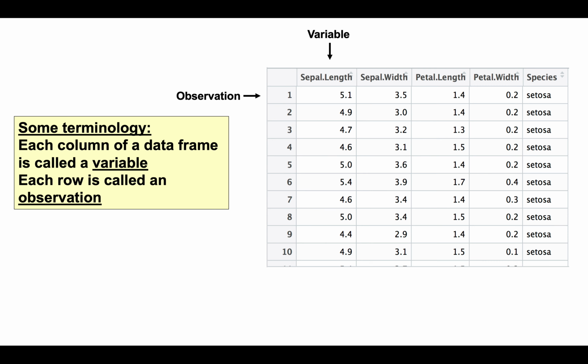But if you hear someone referring to a variable of a data frame, they're referring to one of the columns. And likewise, instead of calling a row of a data frame a row, they may refer to them as observations. So a data frame will have variables and observations, or columns and rows.